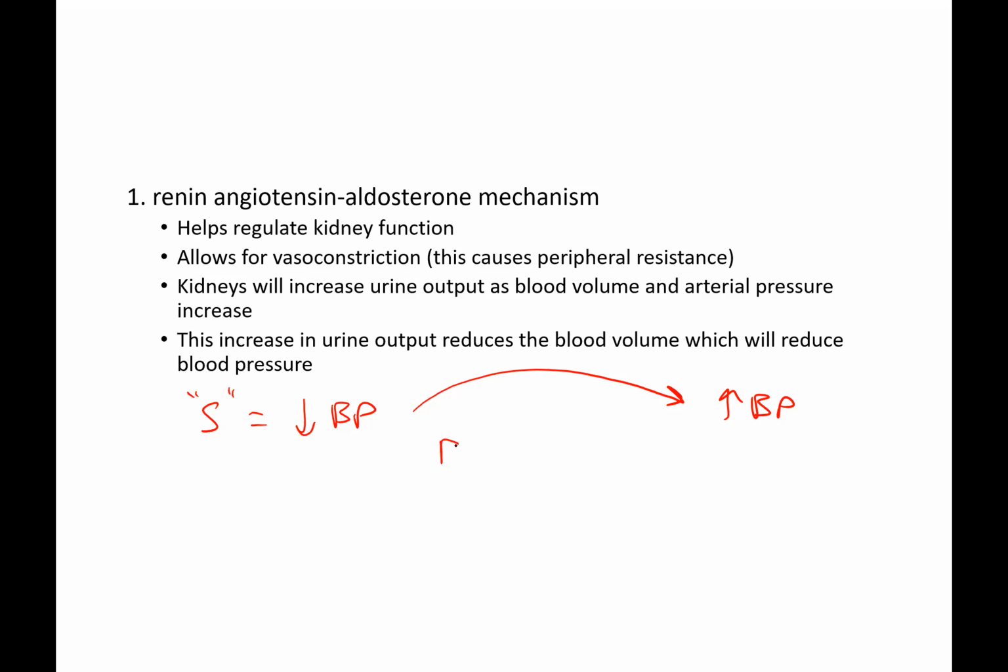So it can do it through that angiotensin aldosterone system or mechanism, commonly referred to as the RAAS. Okay. So you get the kidneys, which releases renin. Okay.